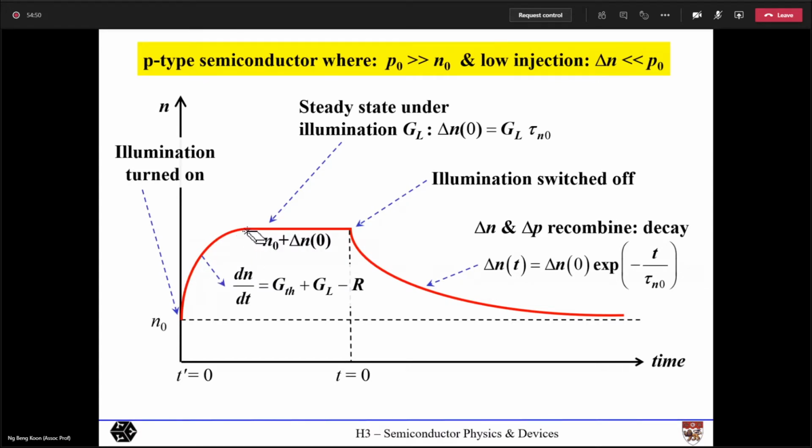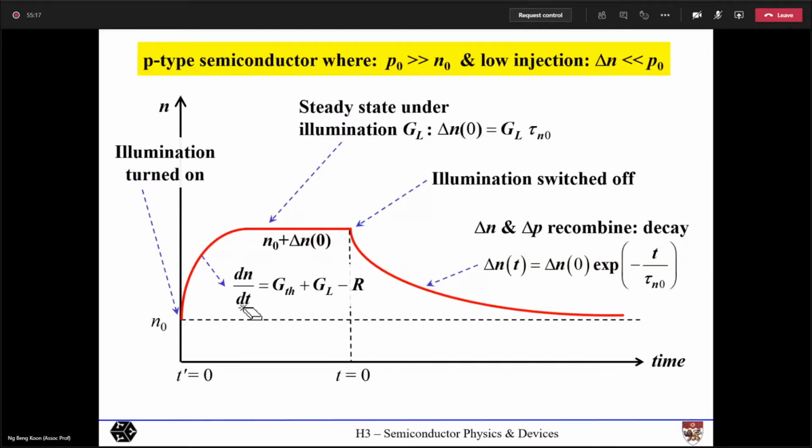Similarly, you can apply the rate equation, analyze this, and derive an expression for delta n as a function of time. I'm going to leave it to you as homework. Can you analyze this part here, to work out what delta n is as a function of time?